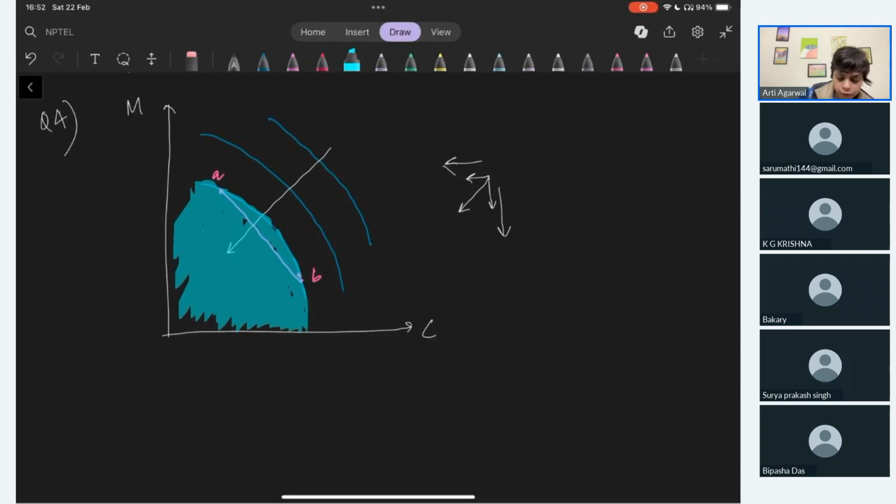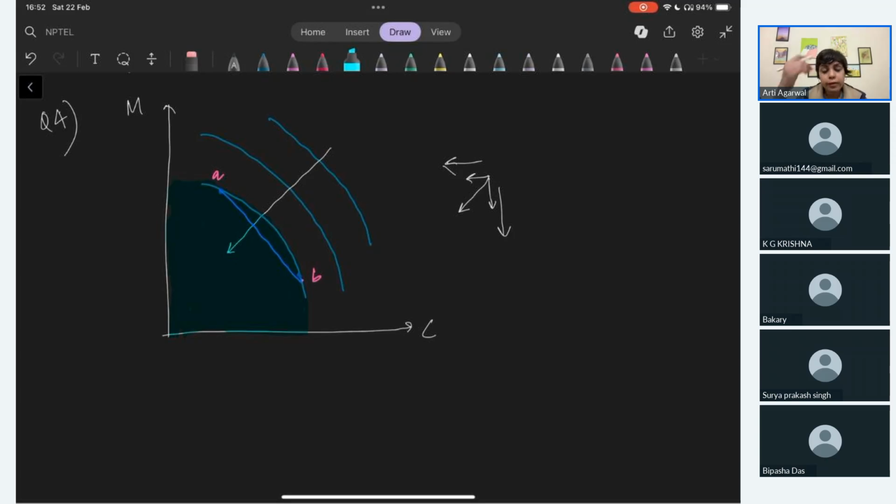I'm sort of just approximately shading it. Which means that this line segment, which was supposed to be pink, but now it's blue because I merged it with cyan, is on the side of higher utility. So are the preferences going to be convex?